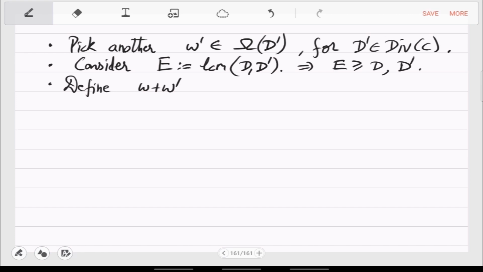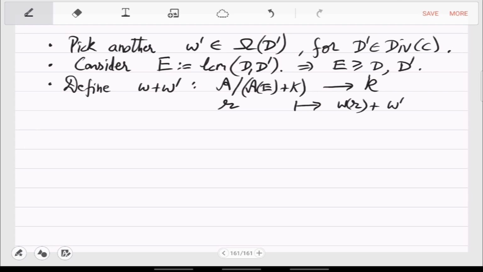I will see it as a map on Adels: on R, it just goes to omega R plus omega prime R.